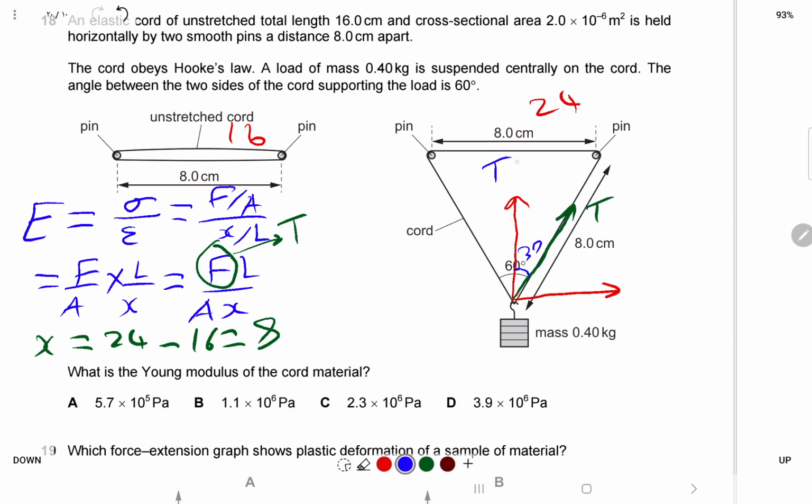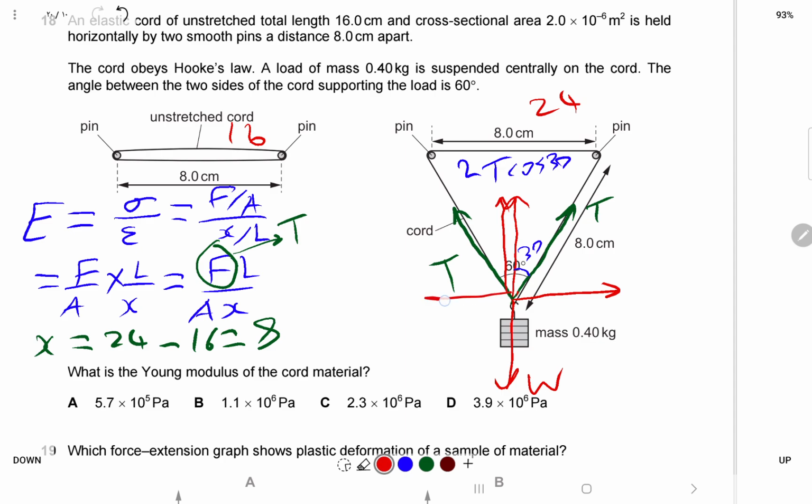So this is T cosine 30. And here you have the weight. The weight W is a downward force. But remember, we have tension also from the other side. So you can have another force like this, which means here you have 2T cosine 30.